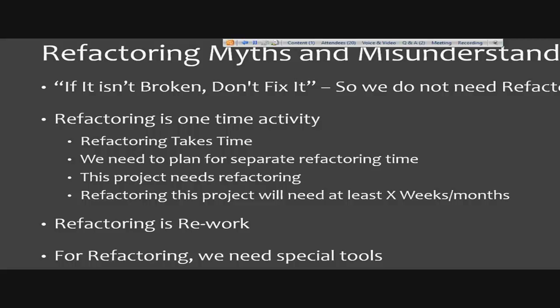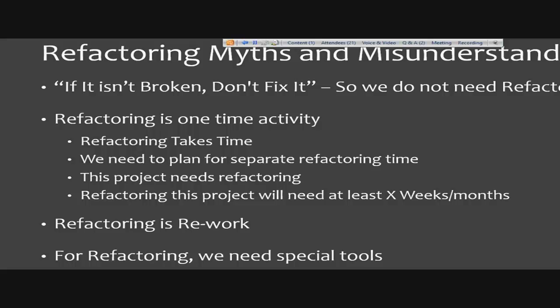The second thing is all these notions like refactoring takes time, it needs to be planned as a separate activity, or the project needs a refactoring, as if we are talking in terms of the entire system. Again, refactoring this project will need at least 6 months or 8 months or whatever number of months.